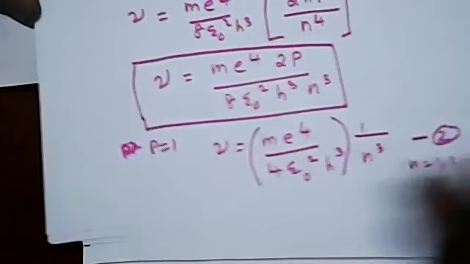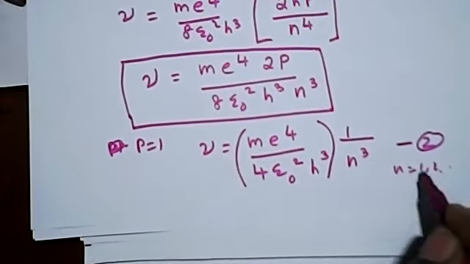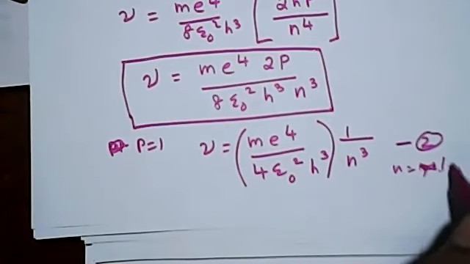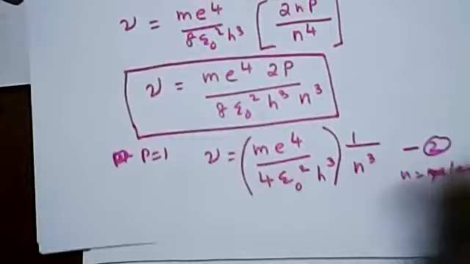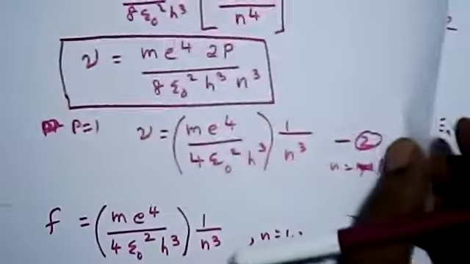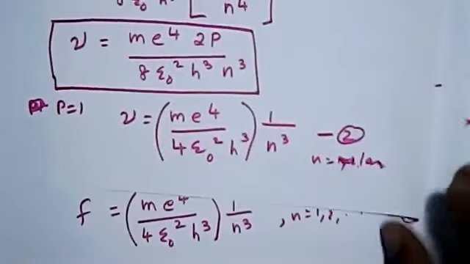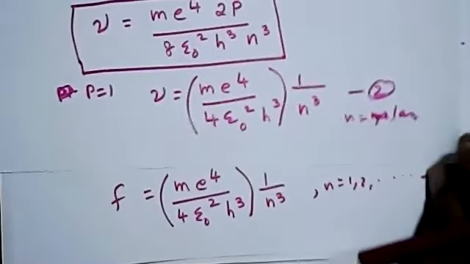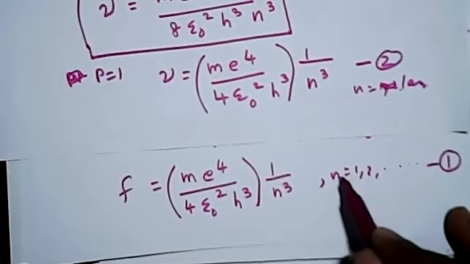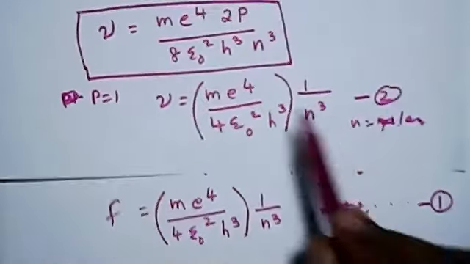Here n is not 1, 2, 3, n is very large. So compare this equation with our previous equation number 1. You can see that both equations are the same. Here also n is not 1, 2, 3, n is very large.